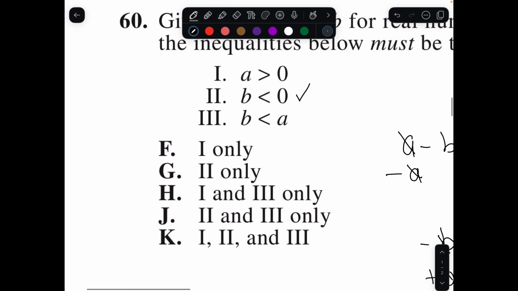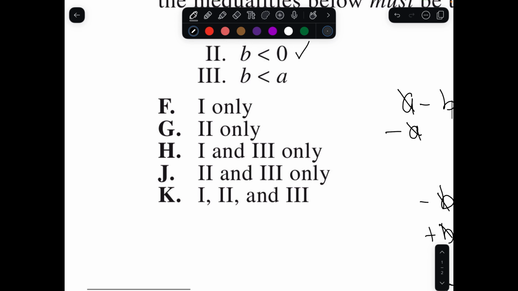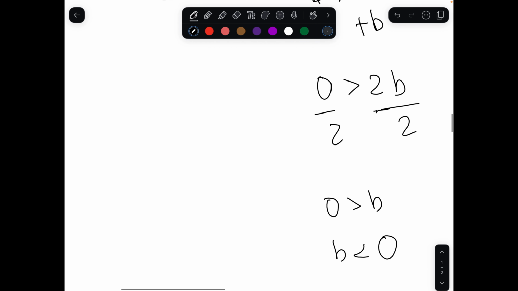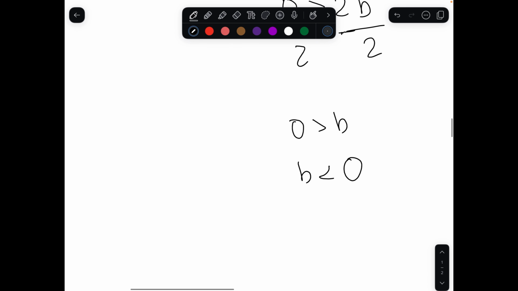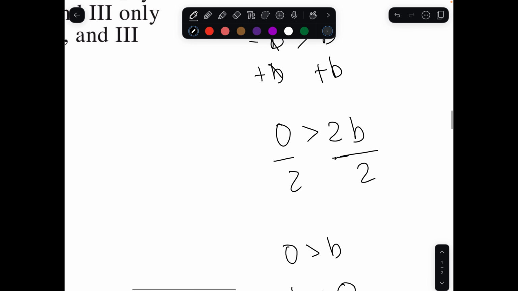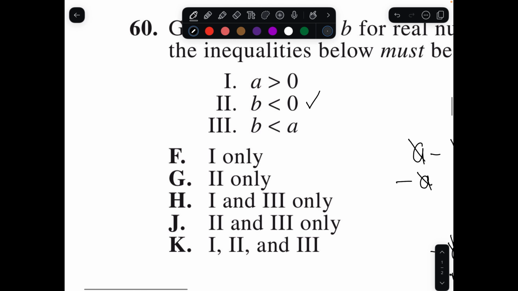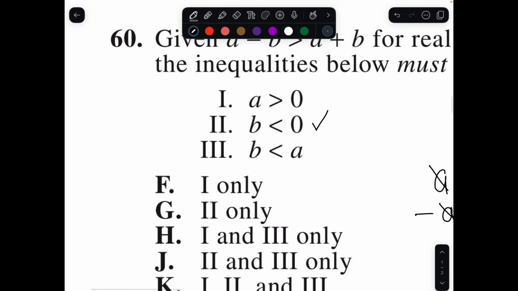Second statement, this matches the second statement. So since we simplified it, this has to be true. We simplified this inequality and we got b less than 0, which means this second statement has to be true.